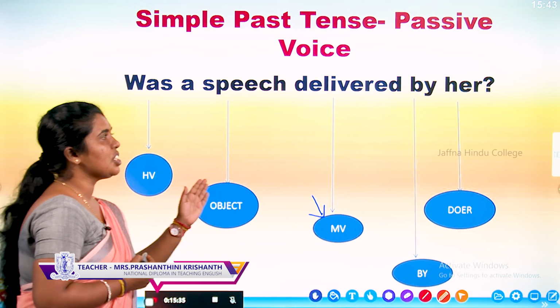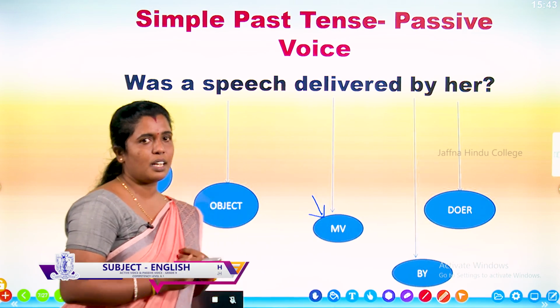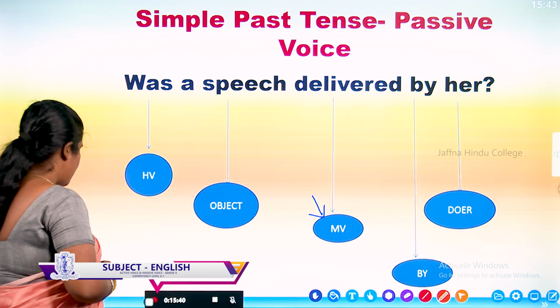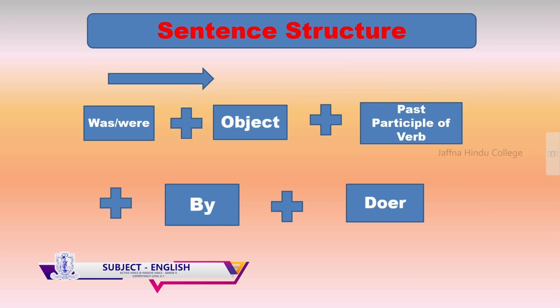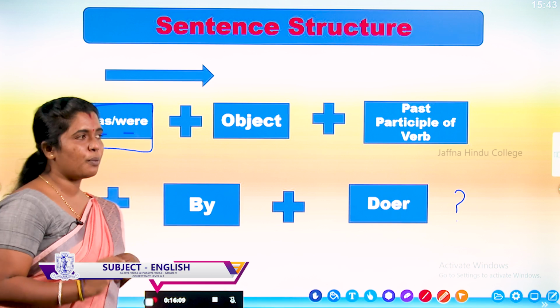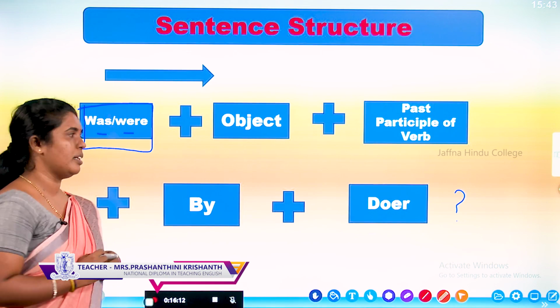Was a speech delivered by her. So, passive voice sentence. Right, now see the sentence structure. You have to decide was or were, which is the right or suitable helping verb, then object, then you have to use the past participle of verb, then by, finally doer. Don't forget to put the question mark because this is interrogative form. So, we must use question mark here.